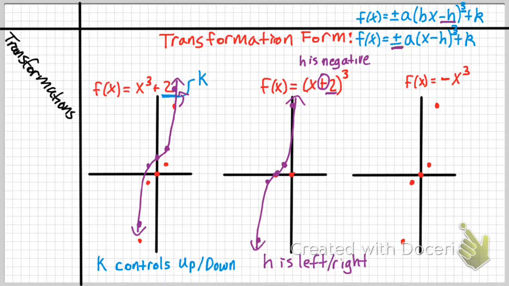If this is negative, then we're going to have a reflection over the x-axis. We notice that we have one arm above and one arm below the axis, so they're each going to flip to the opposite position.